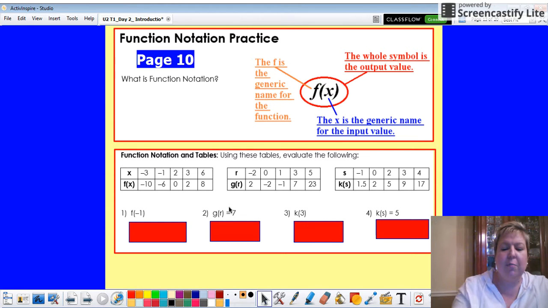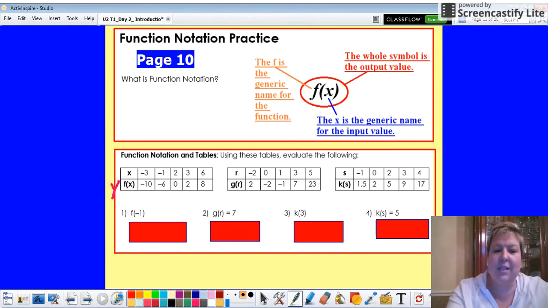So if I wanted to replace it, what our function notation is telling us is that f of x really represents the y value, whereas the x, the r, and the s, that represents our x value. So I'm just going to put the x up top and the y at the bottom. And I'm going to do that in all 3 places to remind you. This is what we're talking about when we're talking about ordered pairs.